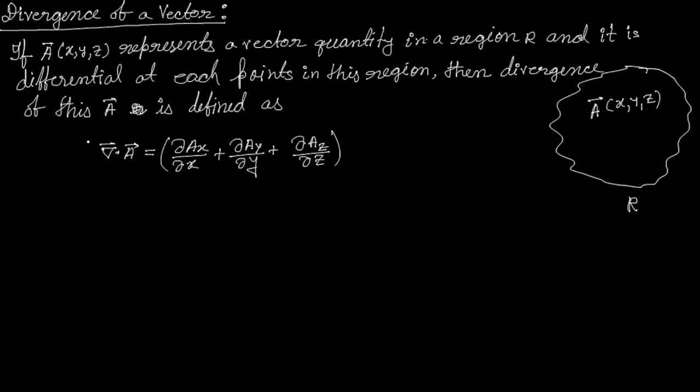This is the mathematical definition of how we can write the divergence of a vector quantity in the rectangular coordinate system.